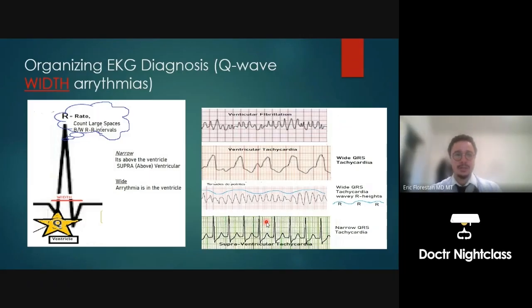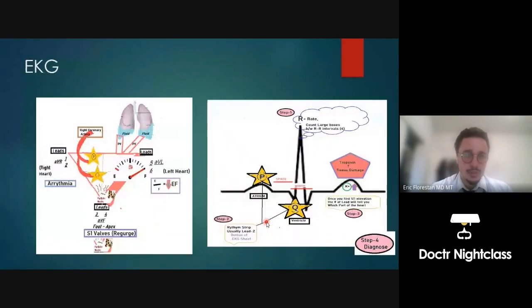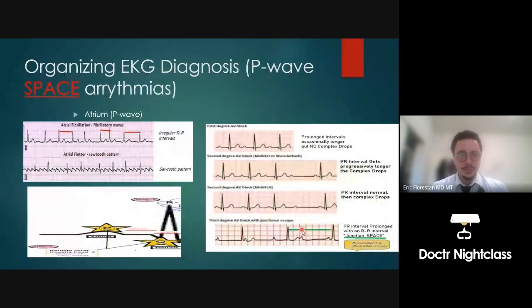So let's talk about these flavors of arrhythmias. You have two flavors. You have arrhythmias that affect the atrium, which is going to be your P wave and your SA node, right?